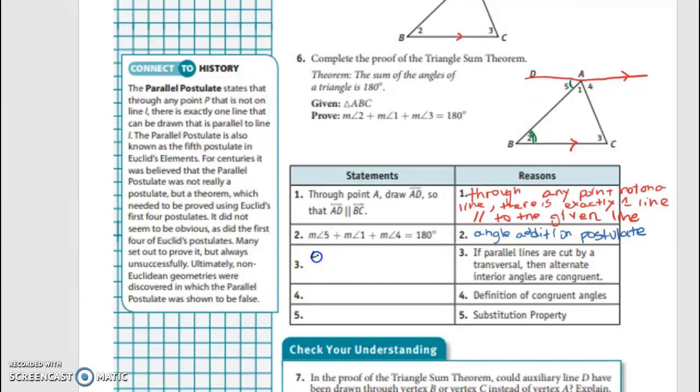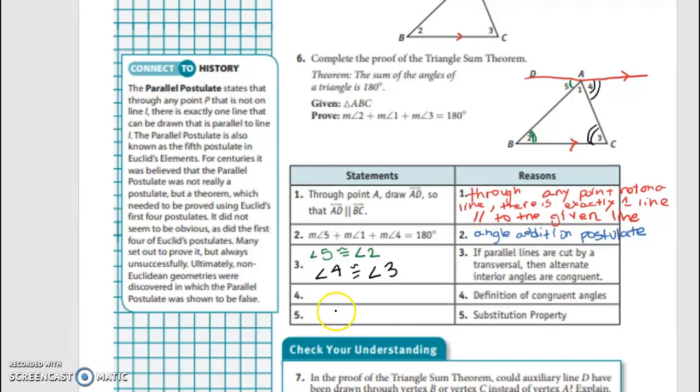So I know that angle 5 must be congruent to angle 2. Then over here, I've also got angle 4 and angle 3. And I know that those are alternate interior angles as well, which means they are congruent. And my reason stays the same.